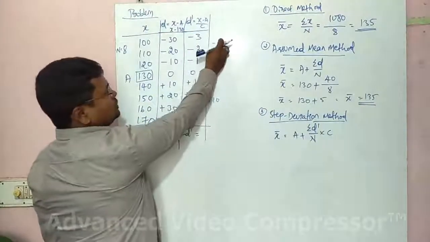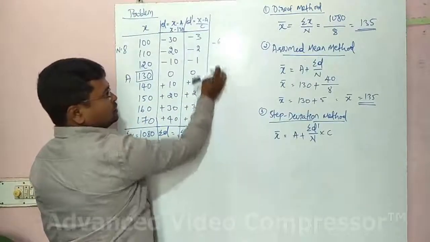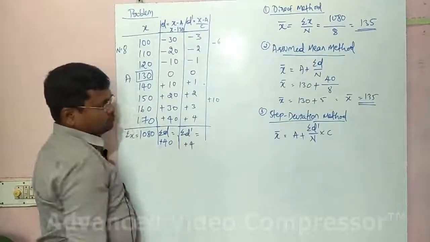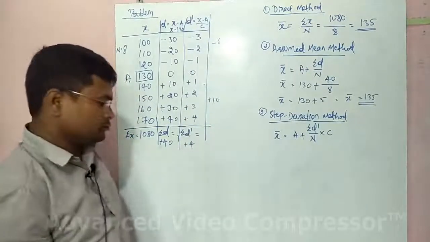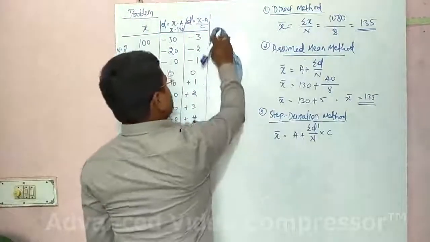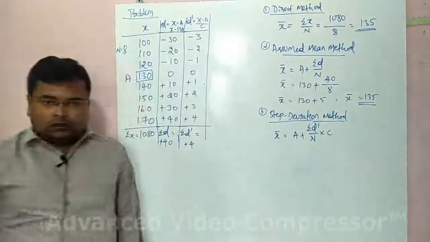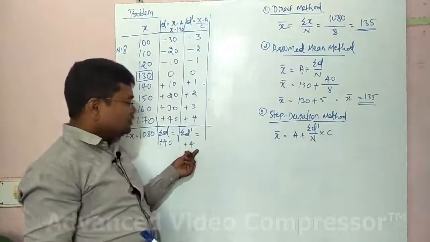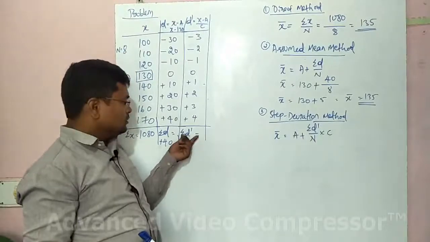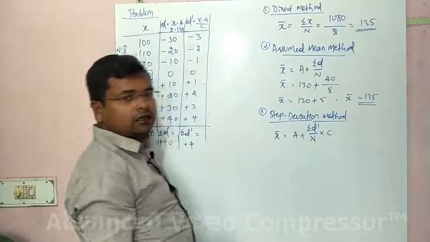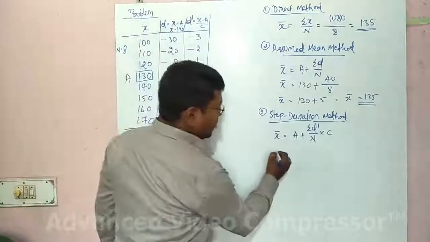Now we deduct this value from this, 10 minus 6. Now we get plus 4, or you can say 4. So the summation of D dash is 4. Now just apply the values into the formula.